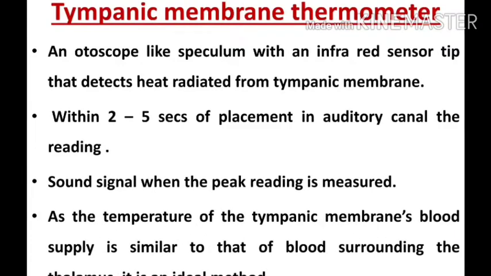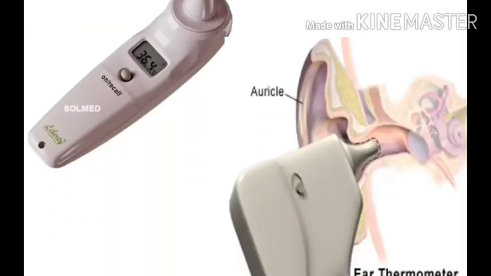Sound signals when the peak reading is measured. As the temperature of the tympanic membrane's blood supply is similar to that of blood surrounding the thalamus, it is an ideal method. These have some advantages like speed, safety and ease of use.